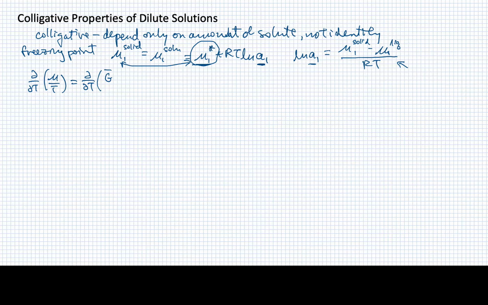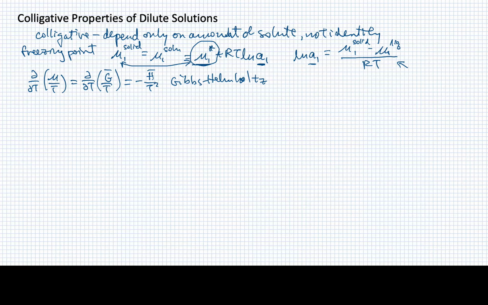We already know what this result is from the Gibbs-Helmholtz equation. We found that a couple of modules ago, that when we take this derivative it is equal to minus the molar enthalpy divided by the temperature squared. So this result is something we can use to get a handle on the temperature dependence of the activity in this case.